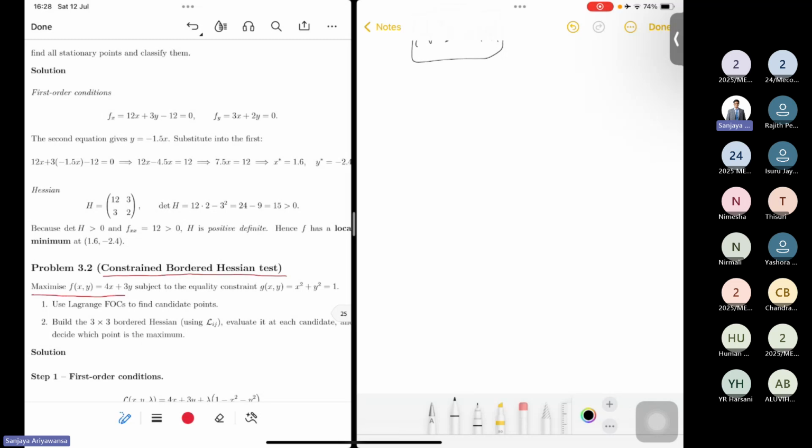So we are asked to maximize the function f of xy, which equals 4x plus 3y. We have to get x and y such that it maximizes the function f of xy, subject to my constraint g of xy equals x squared plus y squared equals 1.